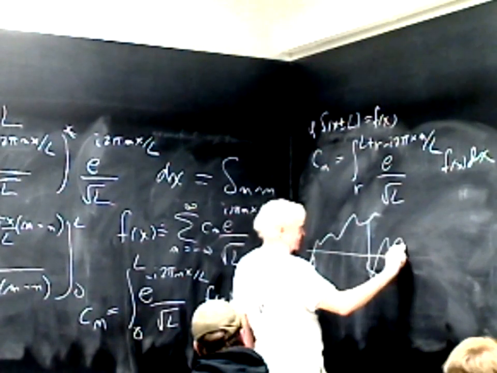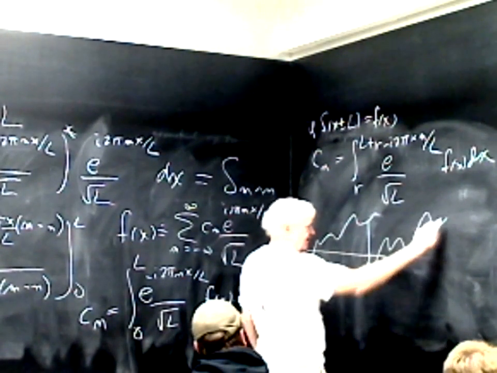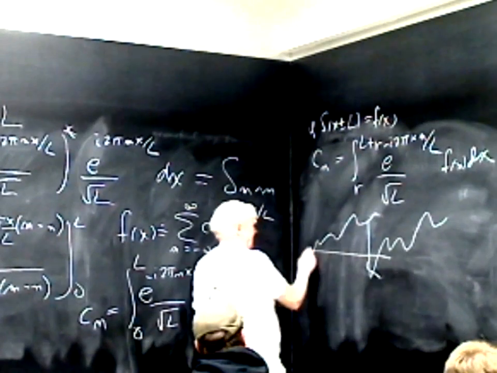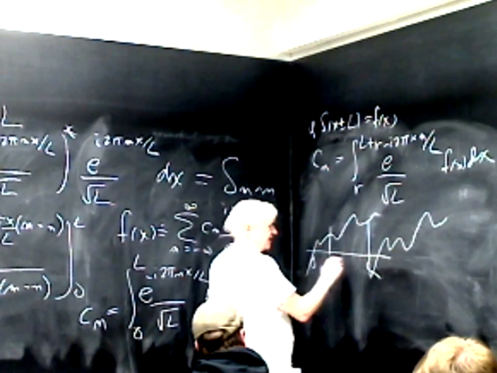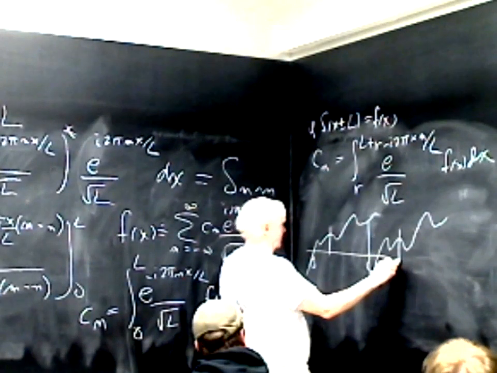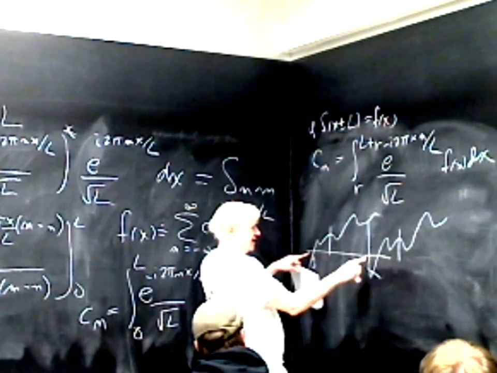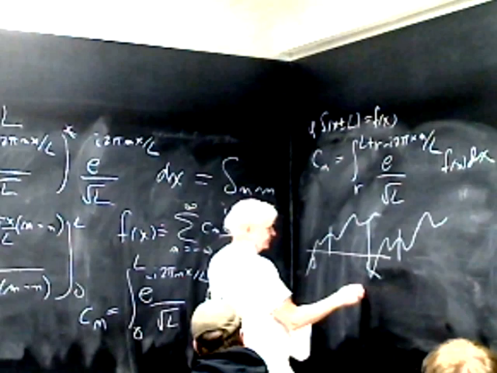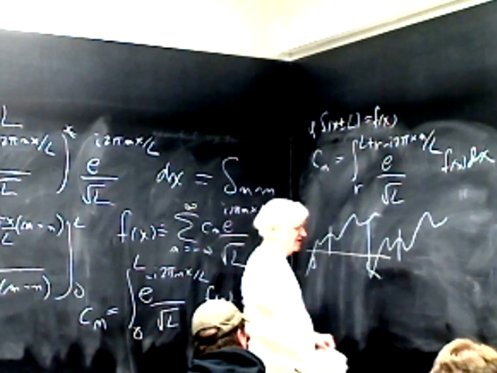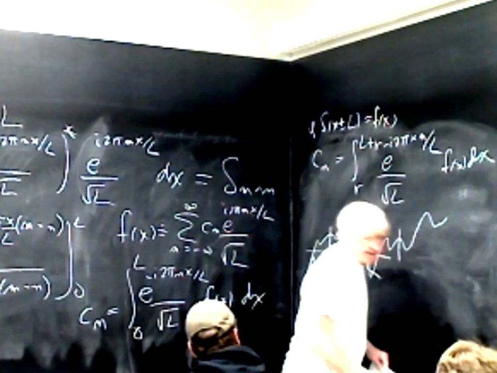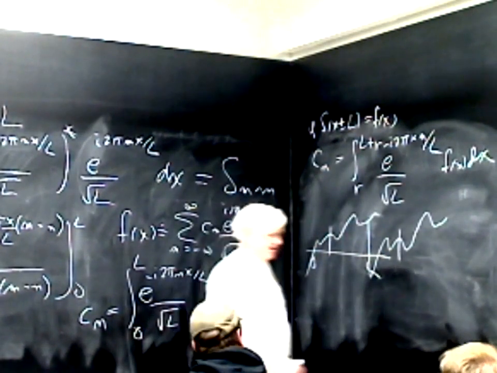So it doesn't matter whether you integrate from there to there, or you go from, say, this point to that point. I have a little bit of an offset here, but you see what I'm saying.